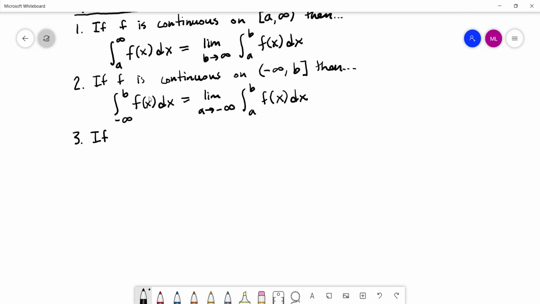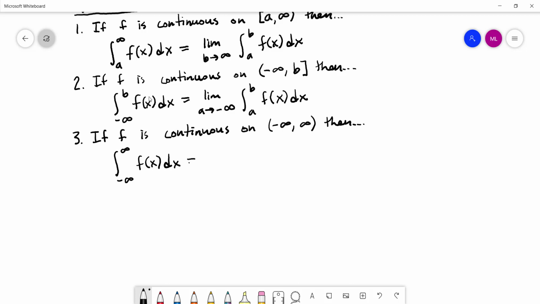So if f is continuous on all of the reals, so it's continuous everywhere on negative infinity to infinity, then the integral from negative infinity to positive infinity of f of x dx will be equal to the integral from negative infinity up to, so the way we're going to do it is basically combine these two together.